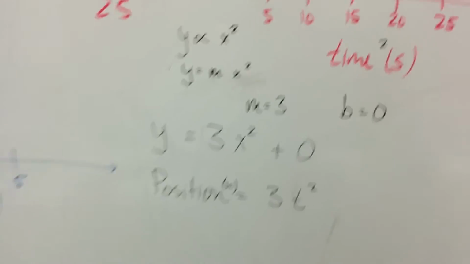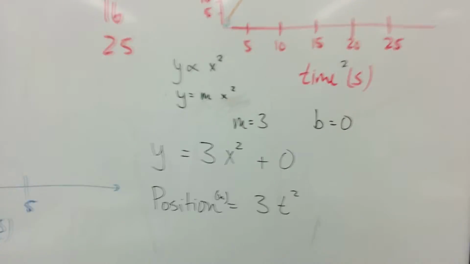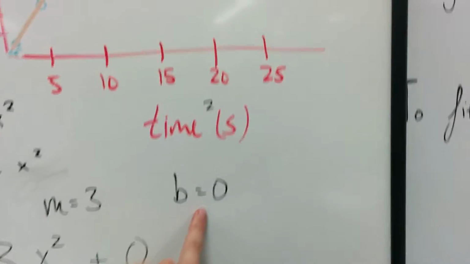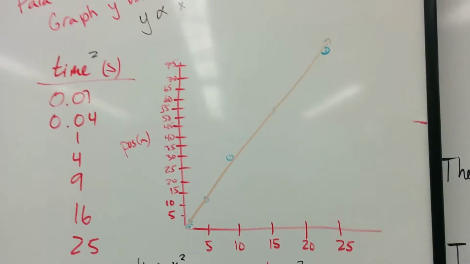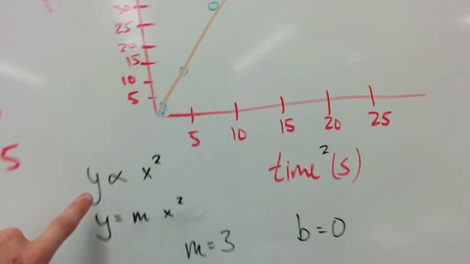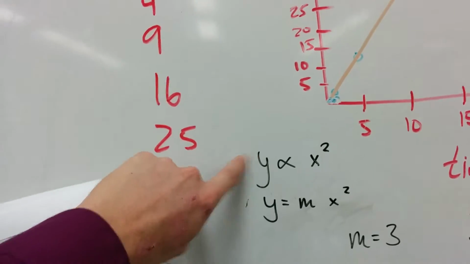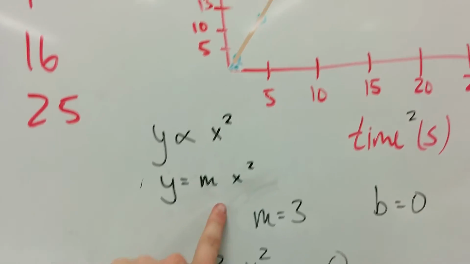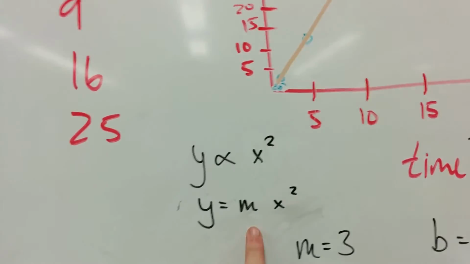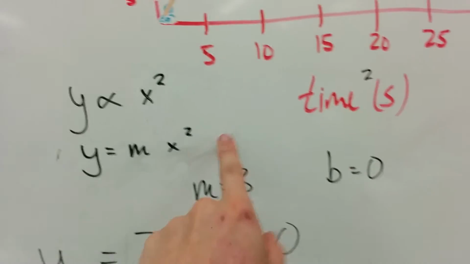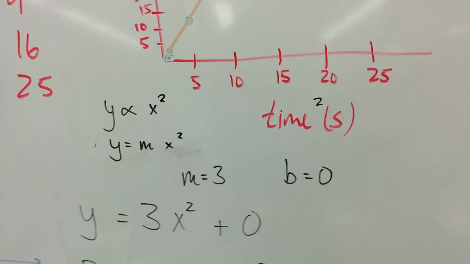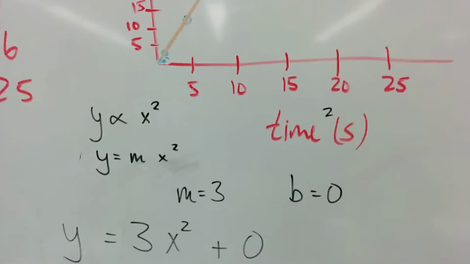So after plugging the data into Desmos, I got an equation that shows this. m is 3 and b equals 0 for my linear data, which means when I say that y is proportional to x squared, what I'm really saying is that y is equal to some coefficient times x squared plus b, but here in this graph we see that b is 0, and I saw that in the app as well, b was 0.